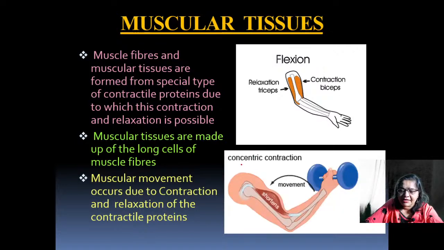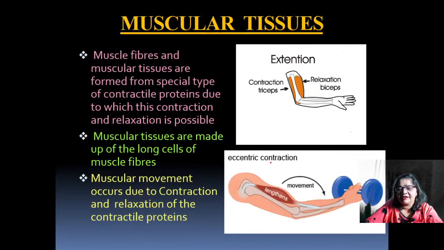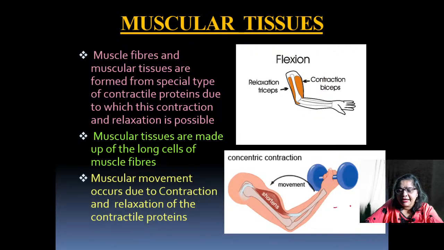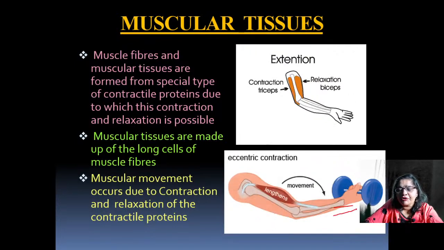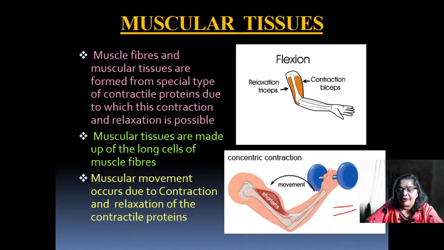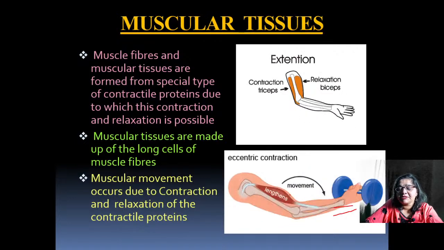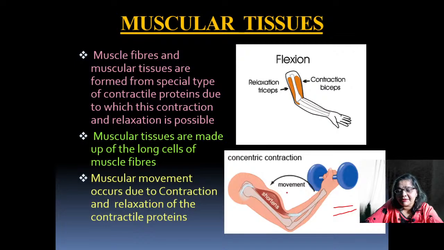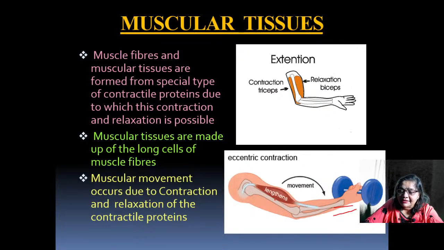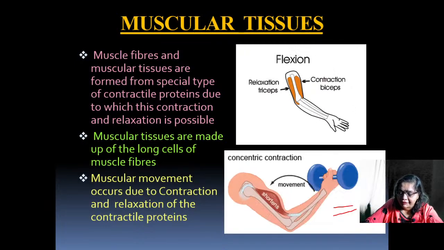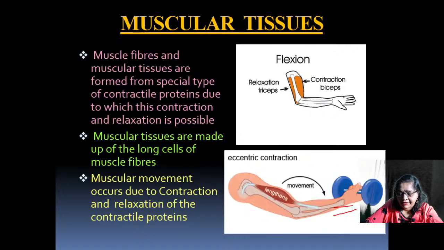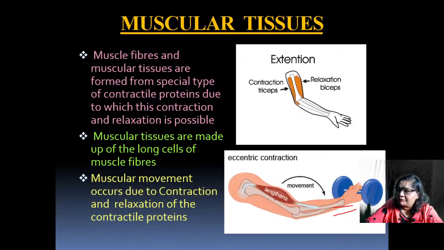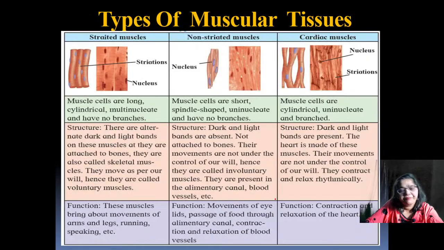Did you understand? You can see the eccentric and the concentric contraction here. Here you can see the movements of your arm from the elbow joint, where the muscles of the biceps contract and relax when we move forward and backward. The movement here is a folding movement.